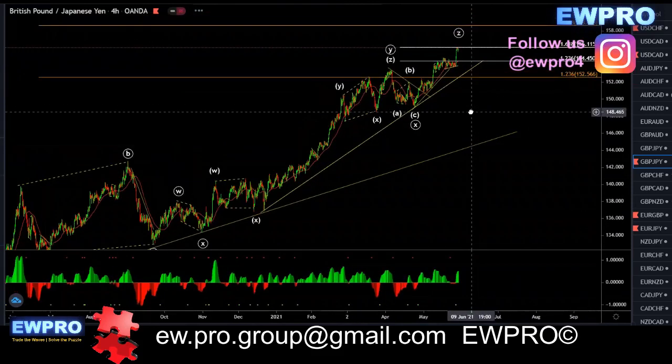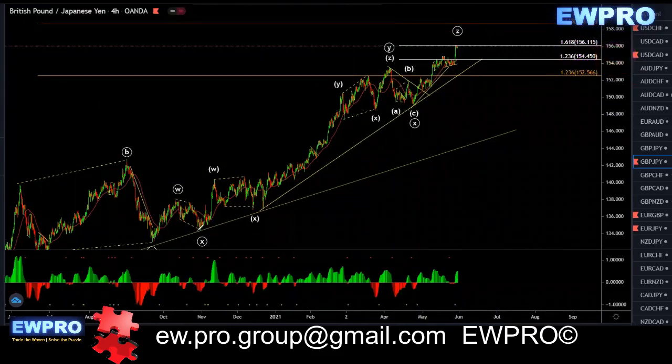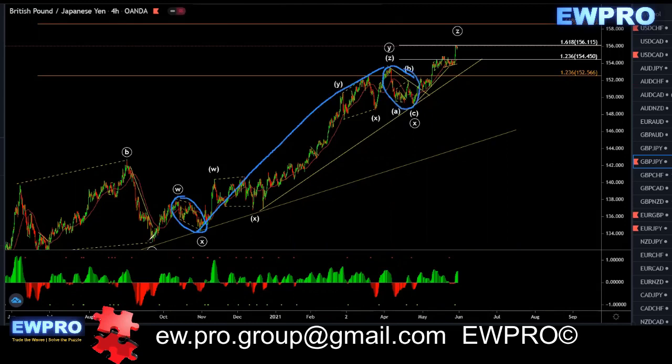If you follow me, you'll remember this was the only one that was valid, because waves X1 and X2 were a similar size. So we've got that W, X, Y, X, Z. It's now hit both targets. We only hit the 123.6, and now we've gone up to the 161.8. That's the second target in that wave Z.